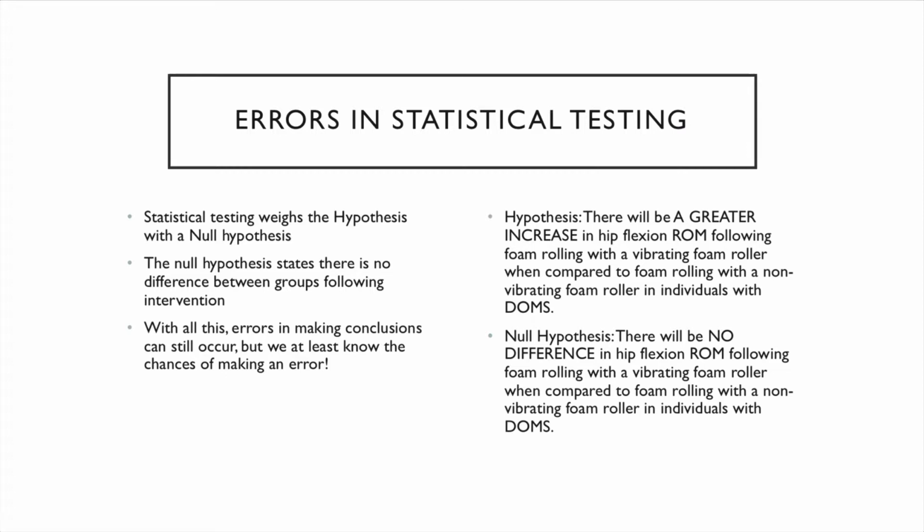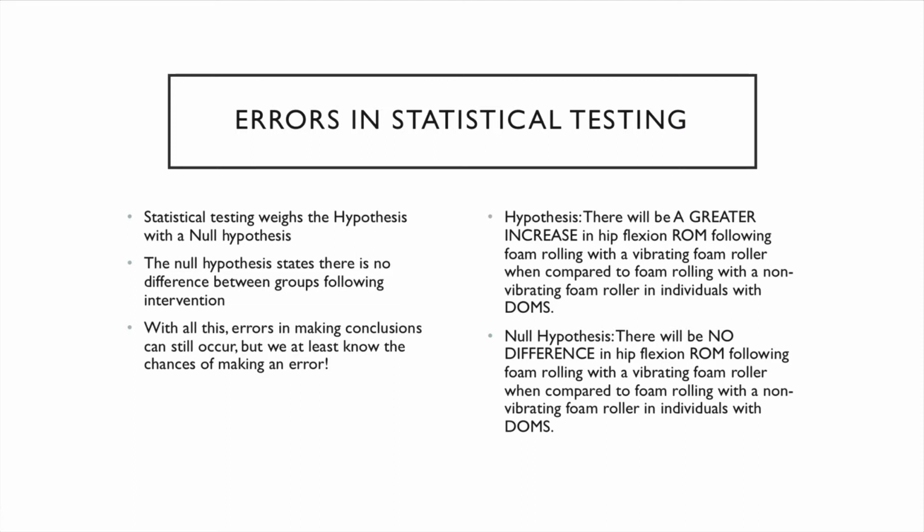In statistical testing, we are weighing a hypothesis against what's called a null hypothesis. With our testing, we're seeing which hypothesis we should accept: the hypothesis that we've created or the null hypothesis, which is basically the opposite hypothesis.